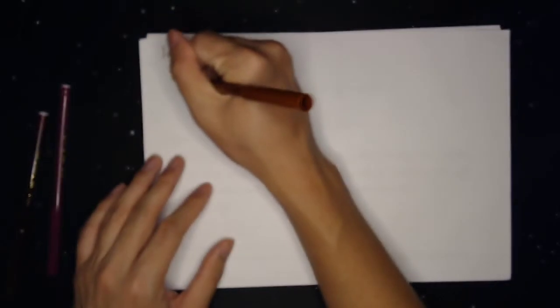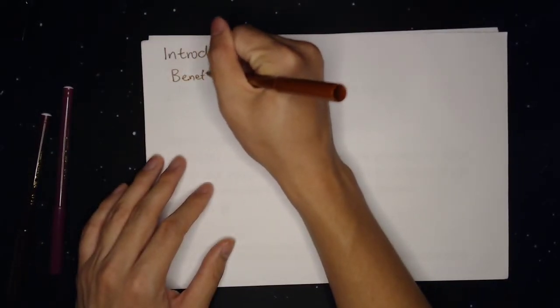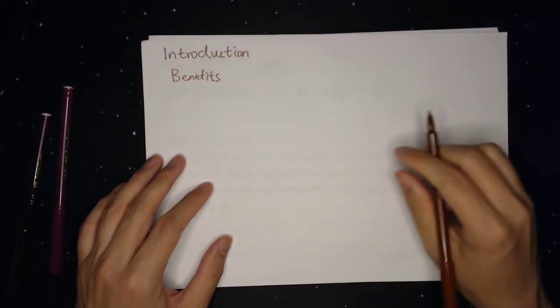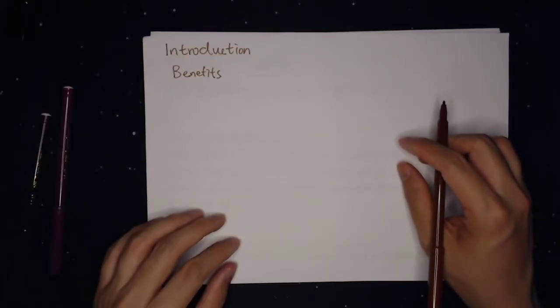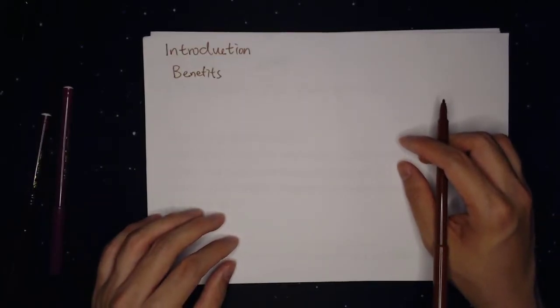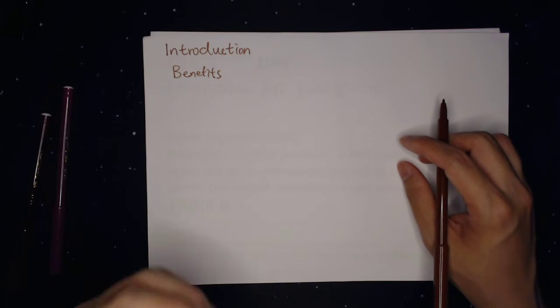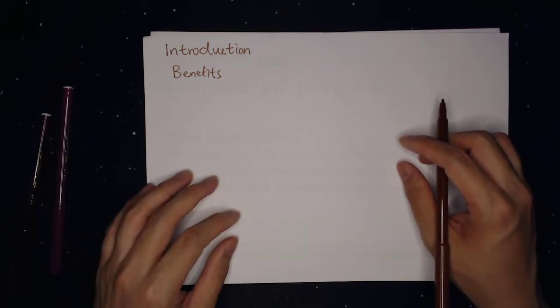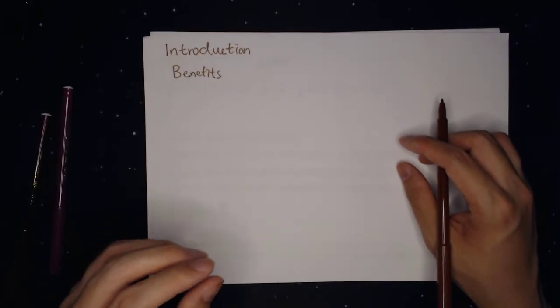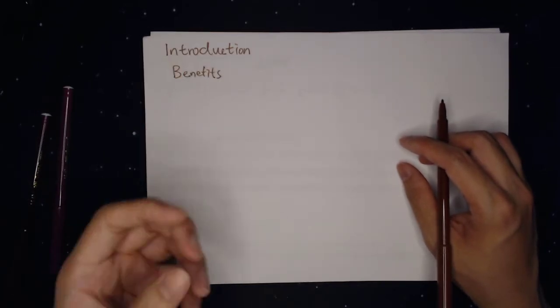So the benefits of urban trees, like ecological benefits, biodiversity, air pollution or the removal of air pollutants, those I have already covered. But benefits are just some good things.